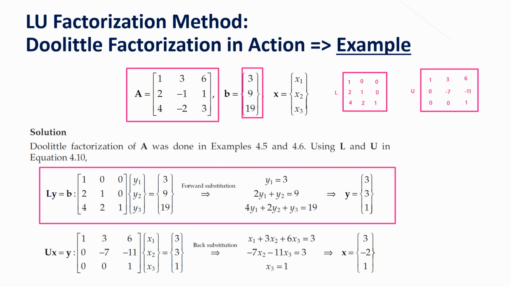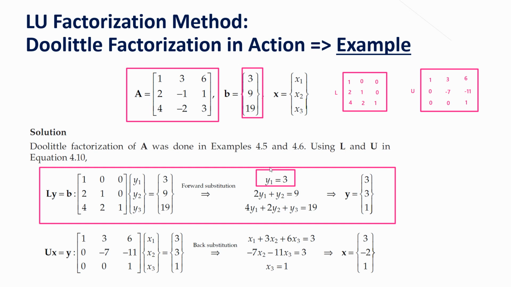Now if you do forward substitutions, what does this one represent? 1 times y1 plus 0 times y2 plus 0 times y3 equals 3. It means that y1 is equal to 3.